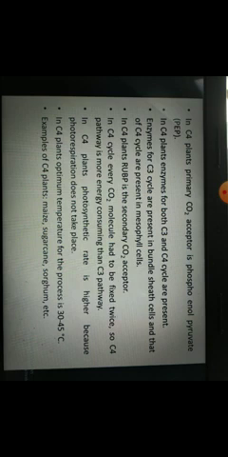But in C4 plants, the enzyme used is PEPCO, that means phosphoenol pyruvate carboxylase. Now enzymes for C3 cycle are present in bundle sheath cells, and that of C4 cycle are present in mesophyll cells. In C4 plants, RuBP is the secondary carbon dioxide acceptor. So remember the point, in C4 plants, the secondary carbon dioxide acceptor is RuBP and the primary carbon dioxide acceptor is phosphoenol pyruvate or PEP.